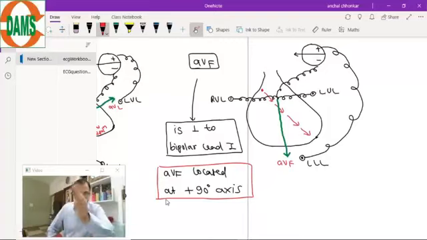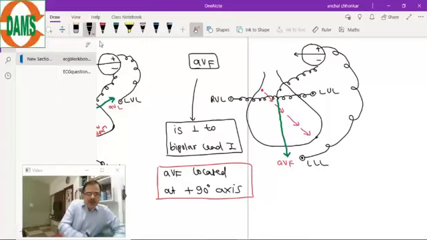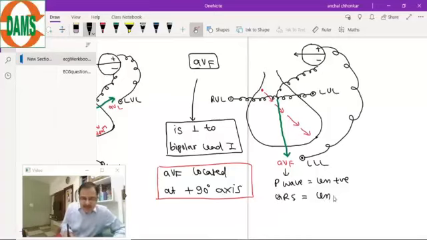You can see the green colored arrow, it is perpendicular to lead 1, AVF. And you can see the normal depolarization is coming towards the lead AVF, but not in the line, it is oblique. Therefore the P wave in AVF is less positive and the QRS will be less positive.